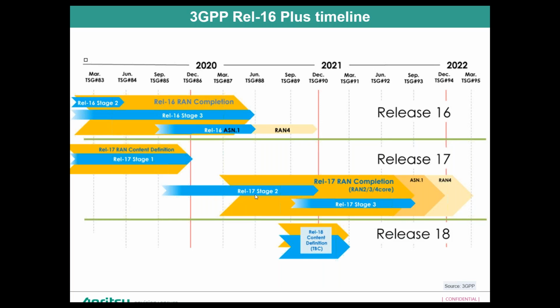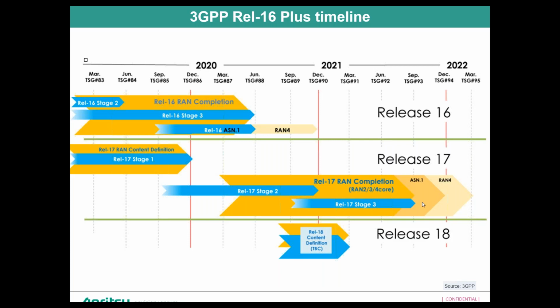And then the completion date currently targeted for release 17 ASN.1 freeze is December of 2021. The stage 3 freeze, whereby your protocols freeze and your interface information is there, is planned to freeze in September of 2021, and ASN.1 freeze is going to be happening sometime in December of 2021.